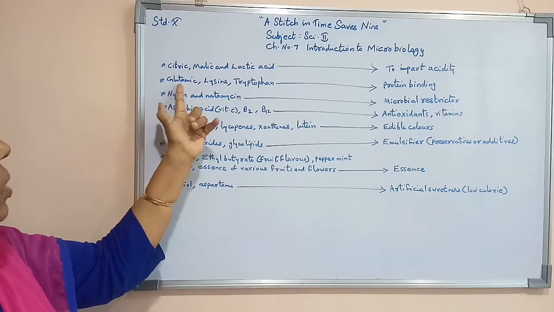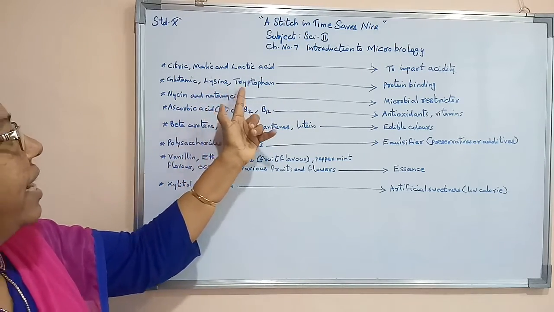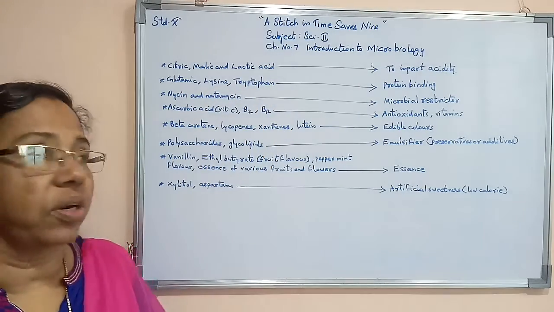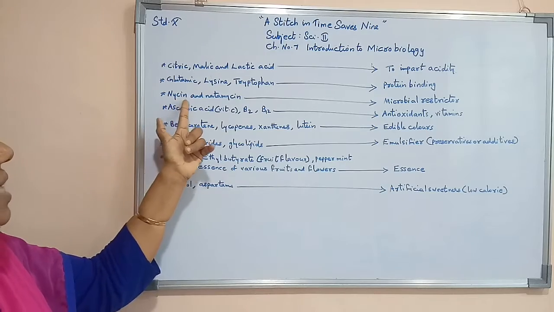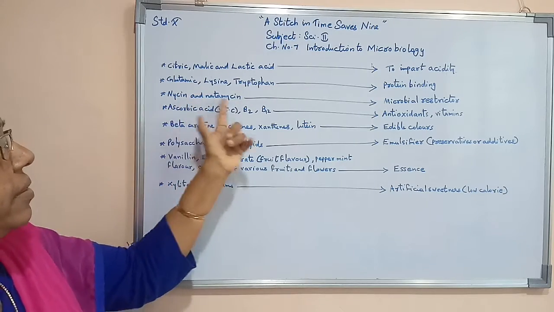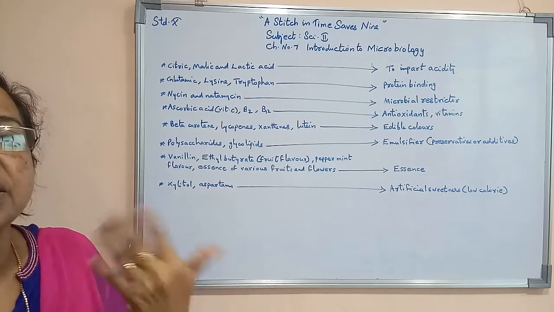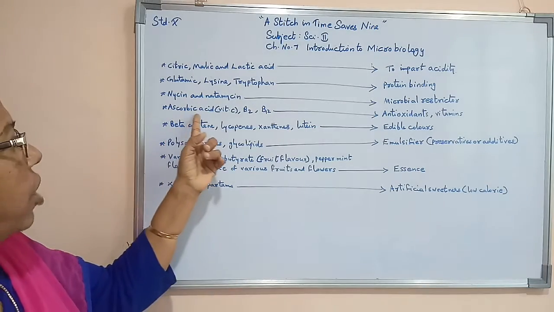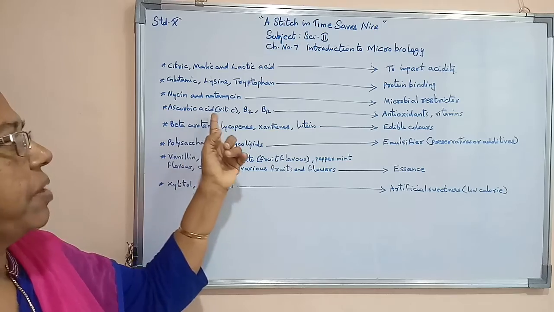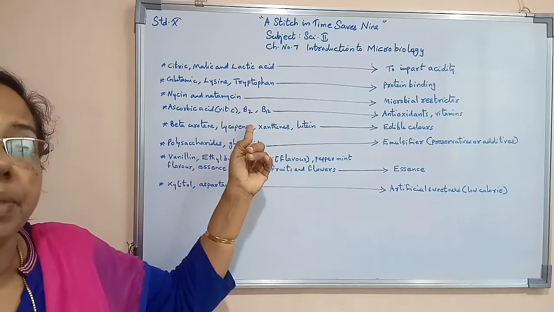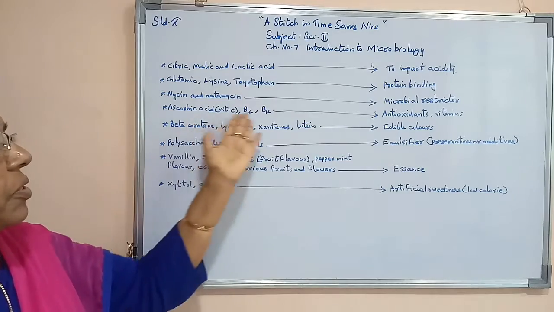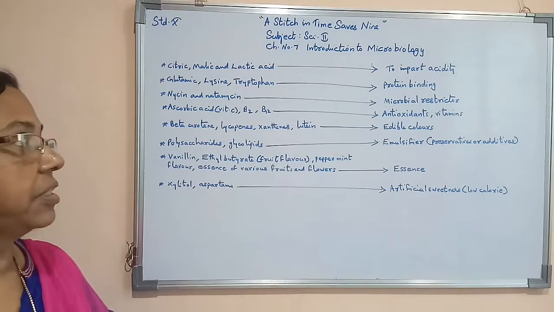Then glutamic acid, lysine as well as tryptophan are also produced by microorganisms. Then niacin and natamycin, other chemicals produced by microorganisms. Ascorbic acid is a type of vitamin, vitamin C. Vitamin B2 and vitamin B12 are also produced by microorganisms.